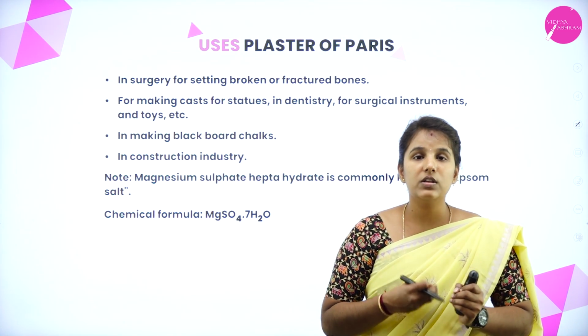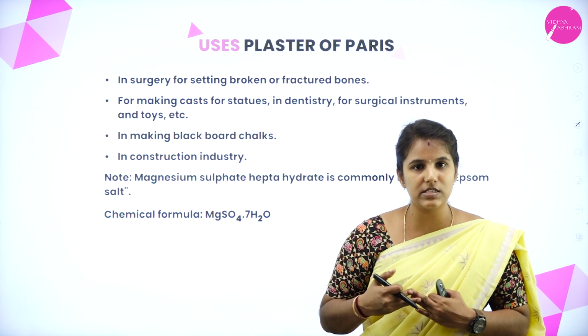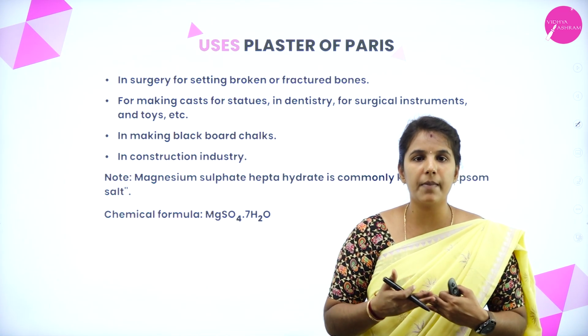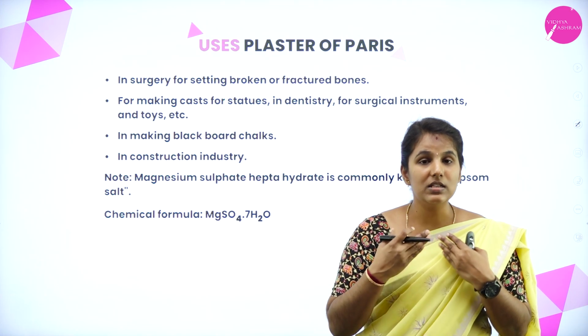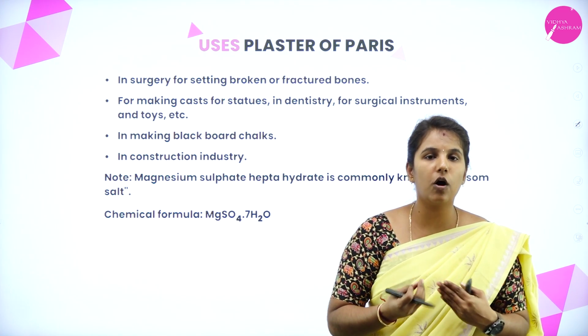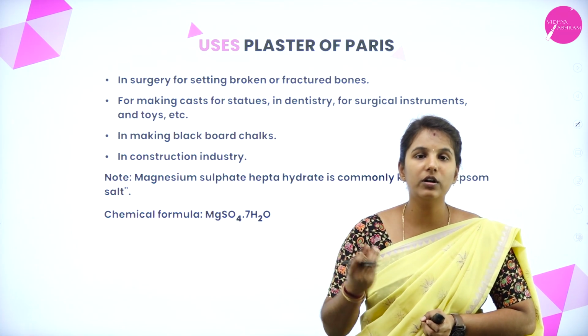That is why if a person has a broken hand or broken leg, first they will suggest taking a plaster of Paris bandage. Why? Because it gives support to that bone or leg, helpful for correct bone formation or correct bone development.